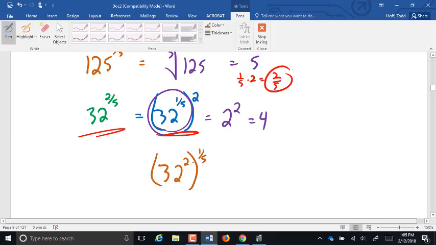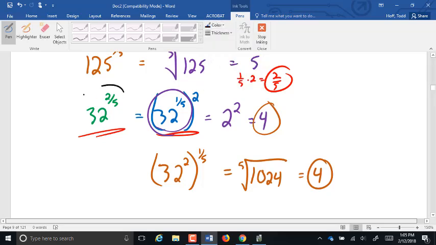Is that the same thing? Yeah, because 2 times 1/5 will be 2/5. So that means we can take 32 squared, which is 1,024, and then do a 5th root of it, which is 4. Notice we get the same result.